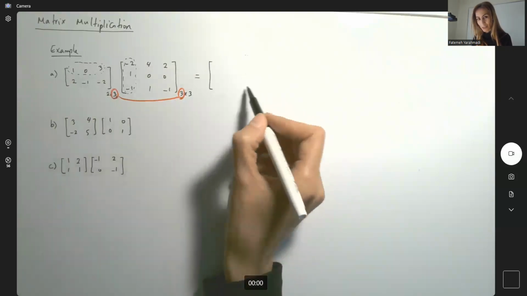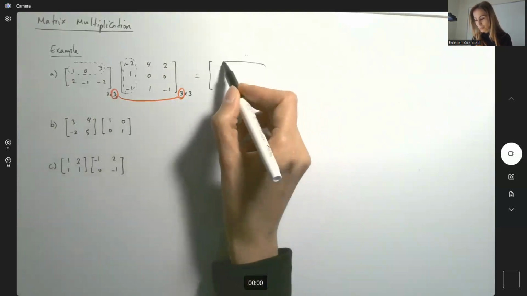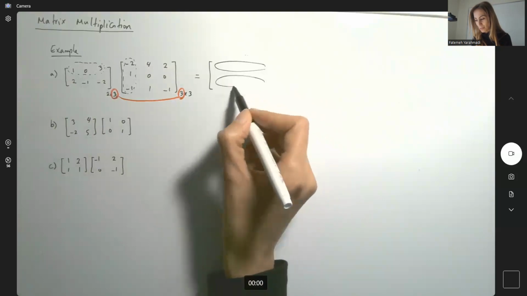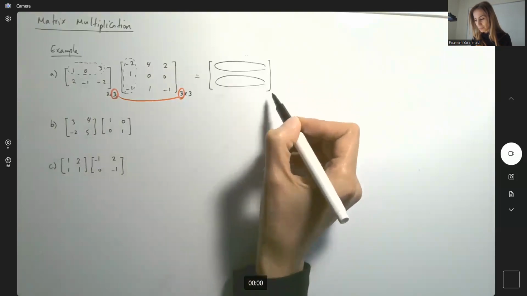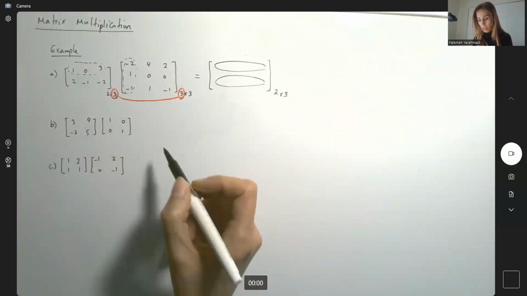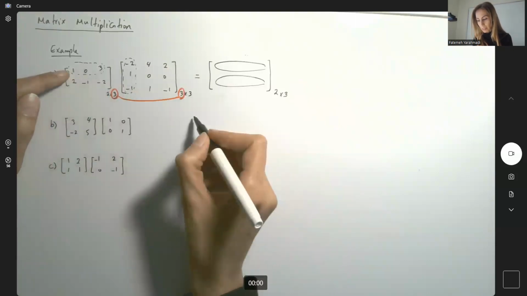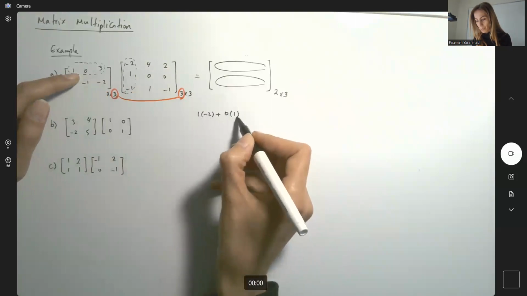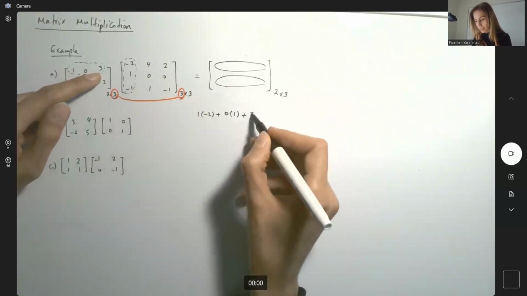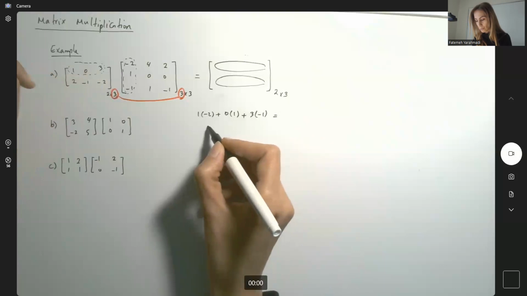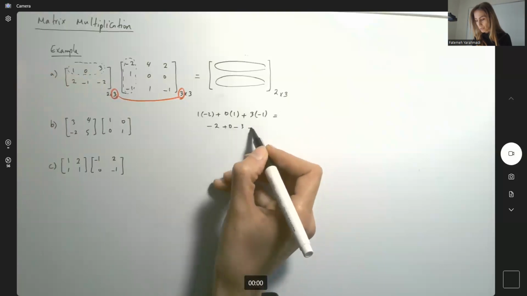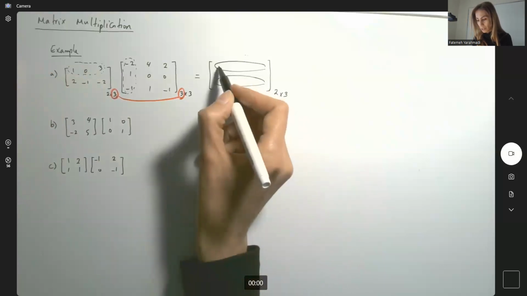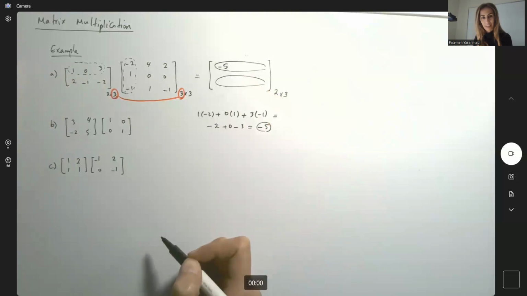So we expect to have 2 rows and 3 columns. So 1 times -2 plus 0 times 1 plus 3 times -1. This is equal to -2 plus 0 minus 3, which is -5. So the very first element is -5.